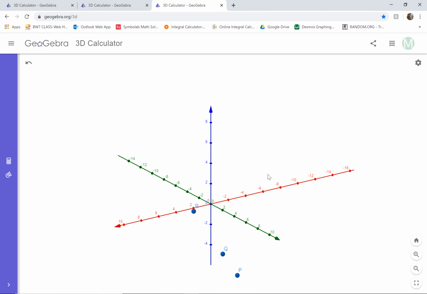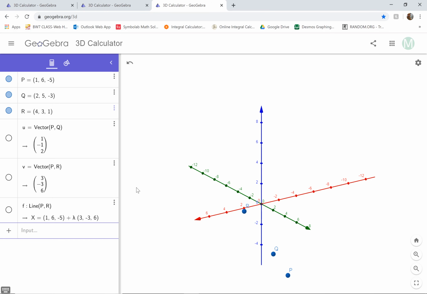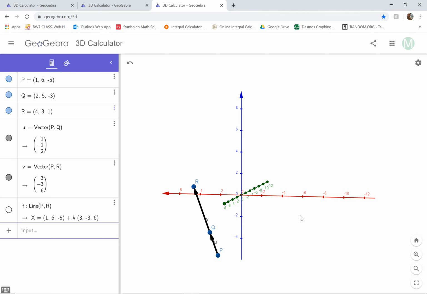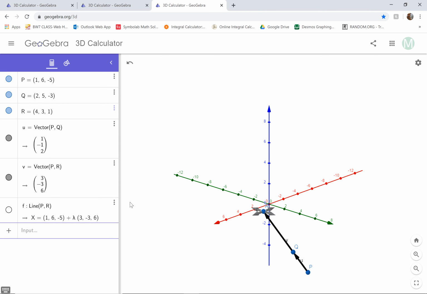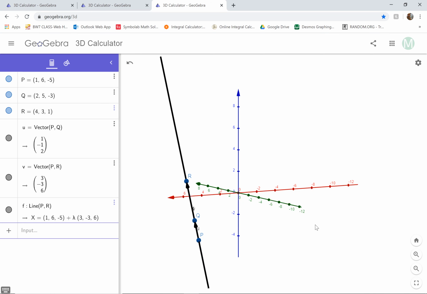So the calculations that we did were the vector PQ, and then the vector PR, and we determined that they are in the same direction. That meant that I could find an equation that included all 3 of those points.